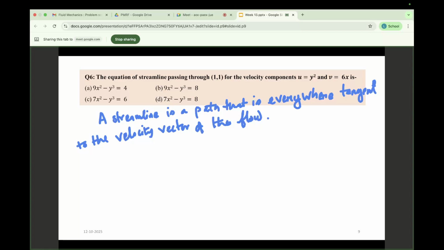So what is tangent? The tangent means dy by dx.